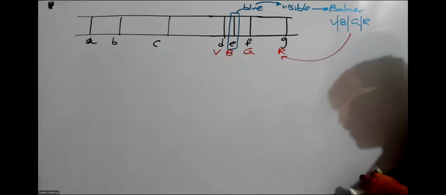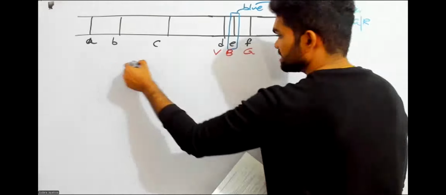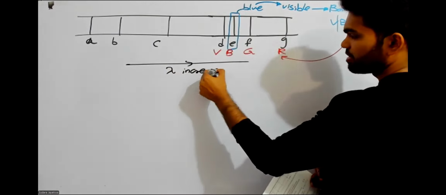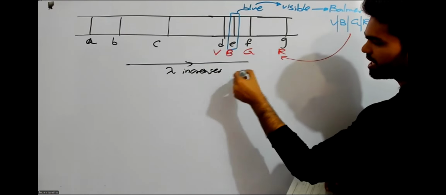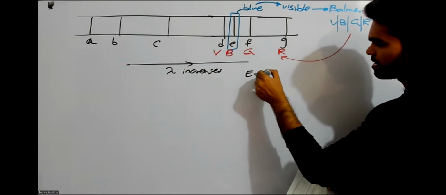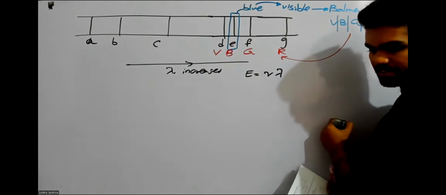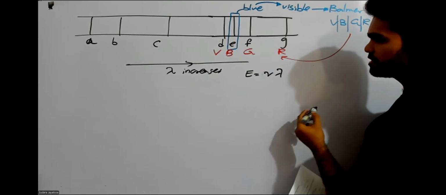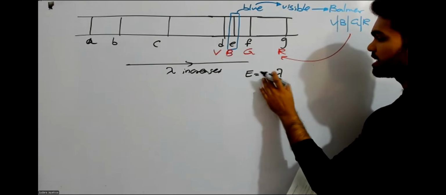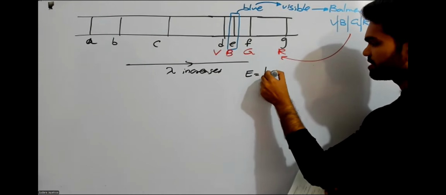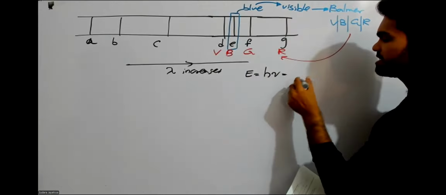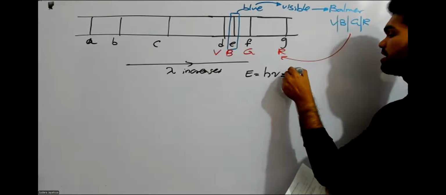And then another point is there. It says for this direction, lambda wavelength increases. So according to the Planck equation, energy equals Planck constant times frequency, or you can say hc over lambda.